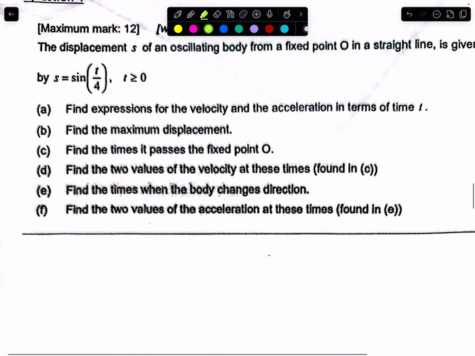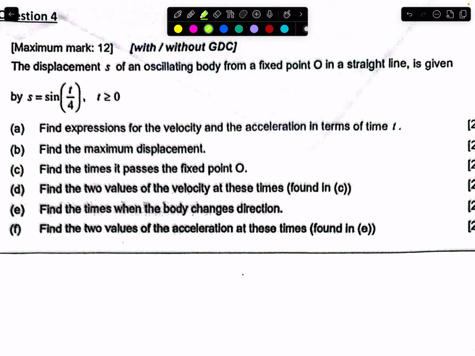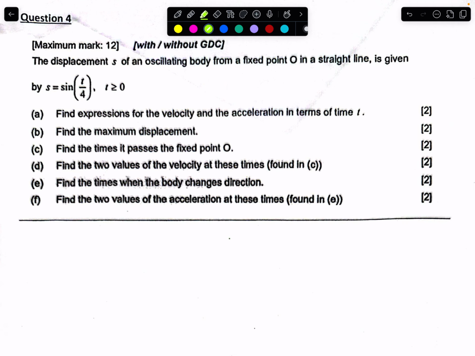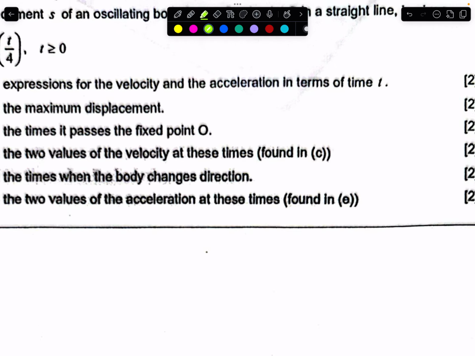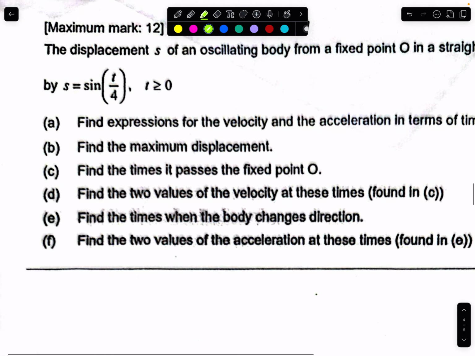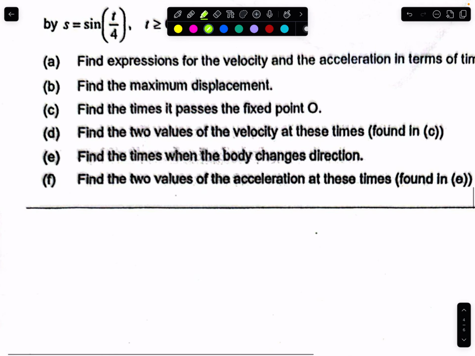This question is a good example of a type of question that could come up in your IB exam, and I'm going to explain what's going on, why each step matters, and how derivatives and integrals connect everything in this kinematics question. Let's get into explaining.